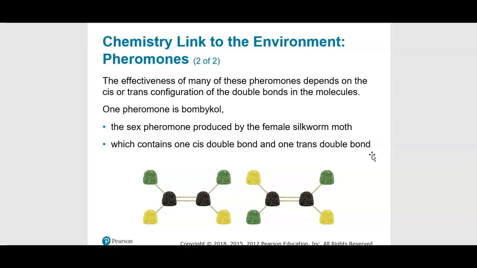Now they don't really give you the exact configuration of this thing, but you will see that these isomers will have them. If you change the configuration around a double bond, if the compound has a strong smell, it's going to smell very different. And we'll see more examples of that when we get to mirror image isomers. But just be aware that orientation around the double bond is not a trivial thing.